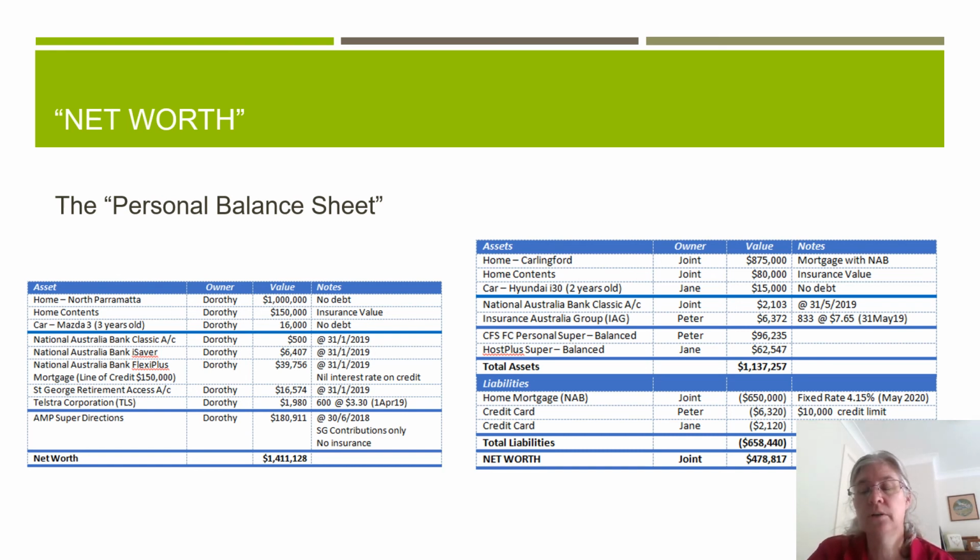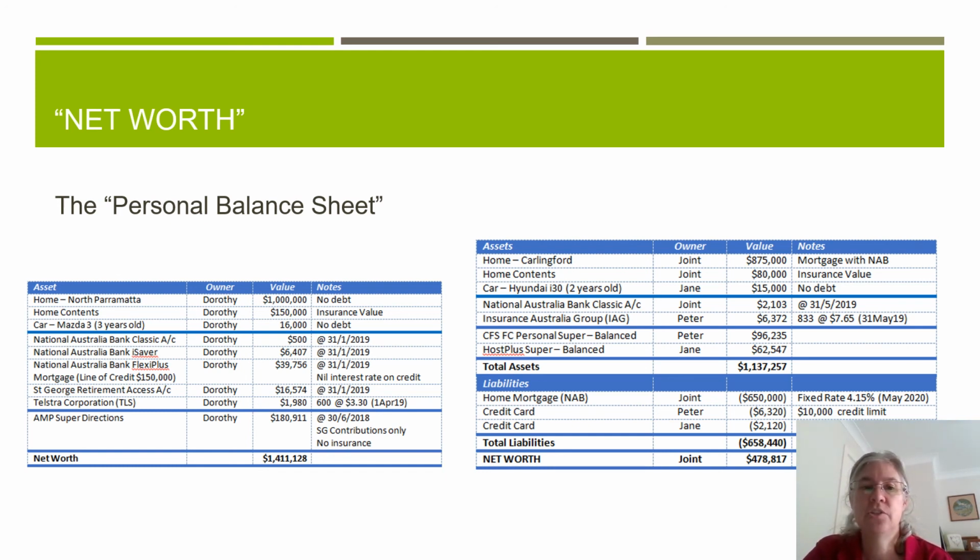Now, if you don't know exactly what the balance is, then you can just write in their limit amount here in the liabilities to work out the total. It's not perfect the way you write this personal balance sheet. It's not like writing a balance sheet for a business. It's a bit more rubbery. You can't get exact numbers. So I've got total assets of 1.1 million, 658,000 in liabilities, net worth of nearly $500,000.